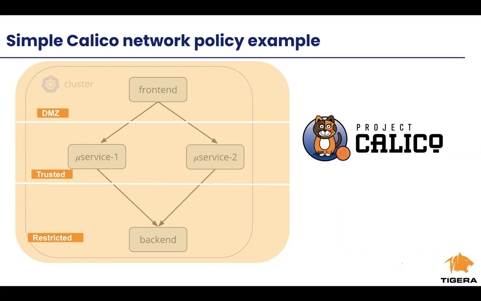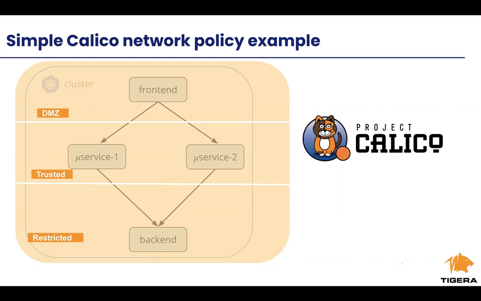You could say namespaces with this particular label are in the DMZ, namespaces with this particular label are in the trusted zone, namespaces with this particular label are in the restricted zone, or you can say pods inside of this namespace with this label are in the DMZ, pods inside of this namespace with this particular label are in the trusted zone, pods inside of this namespace with this particular label are in the restricted zone. So it's a couple of ways to implement a very well-known zone-based architecture inside of your clusters.